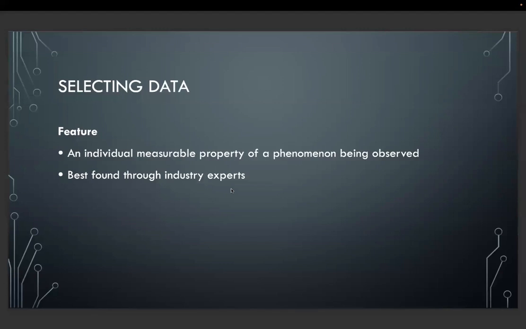Now, selecting the data involves getting what we call features, okay? Now, the input to the model is what in machine learning terms we call features. Okay, so if you want to describe someone, we say, what are the features of the person? Okay, we know that this person has an identity. Consider the identity as what we want to predict.